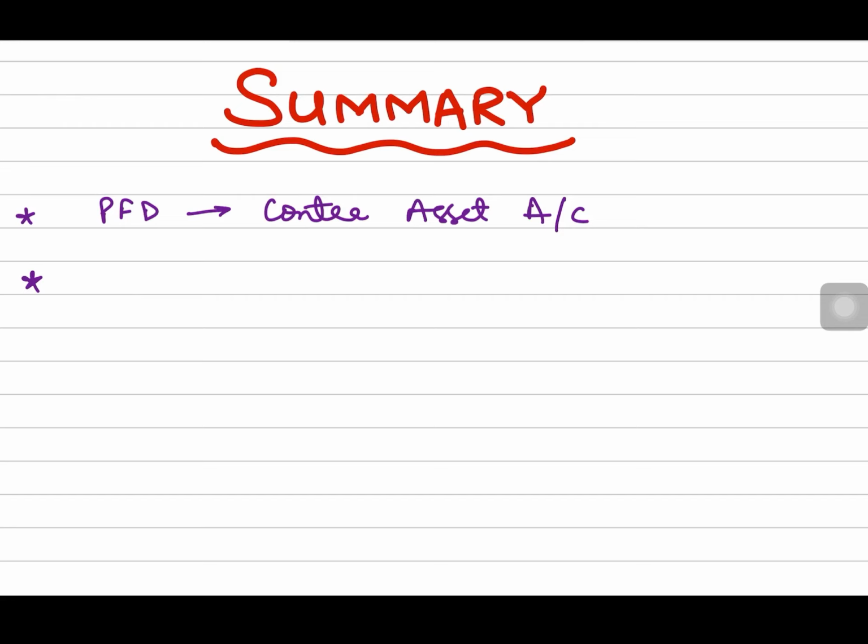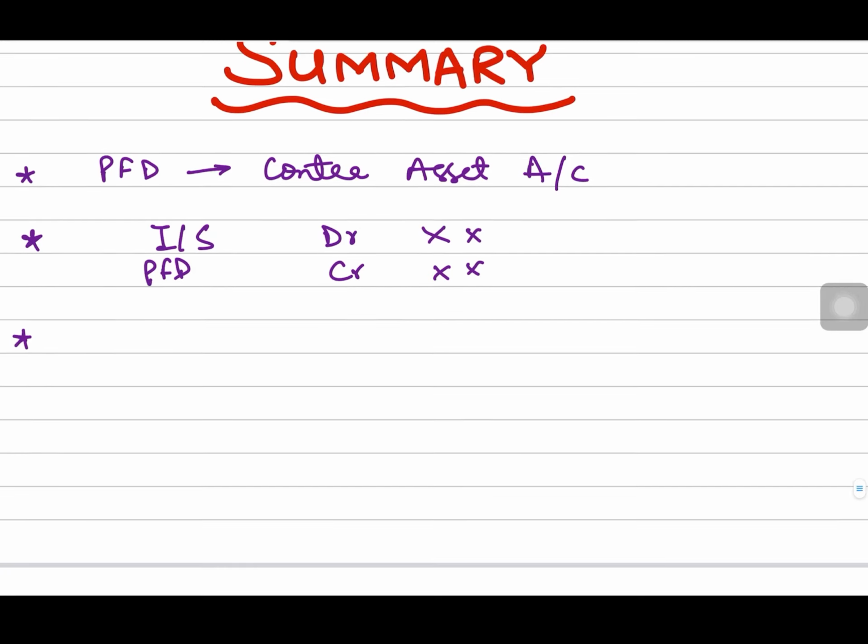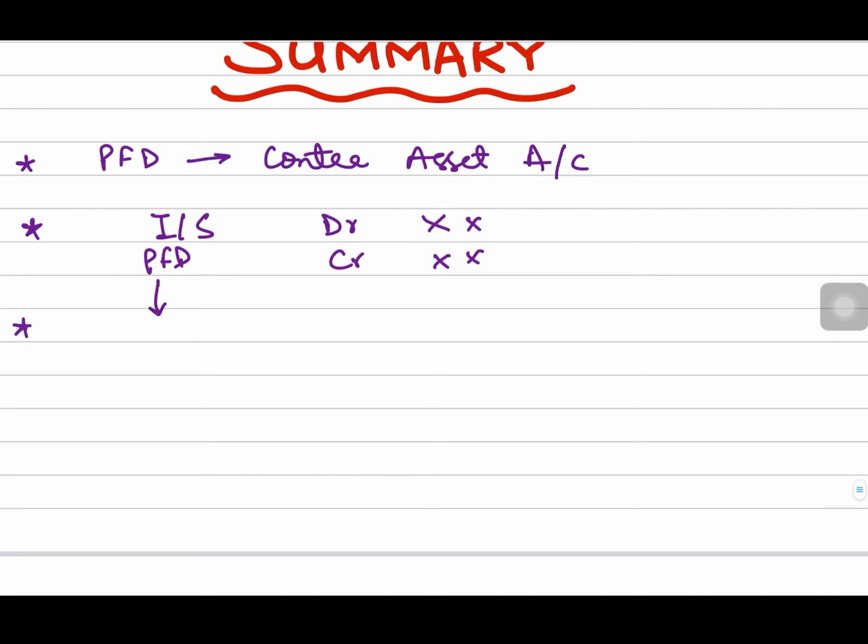And what is the double entry? Can you recall? The double entry is to debit the income statement and credit the provision for depreciation account. Thirdly, double entry is made with what value? With the current year depreciation only. Only the current year depreciation goes in the income statement.